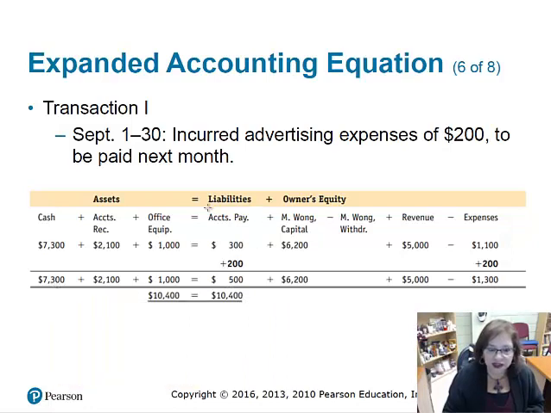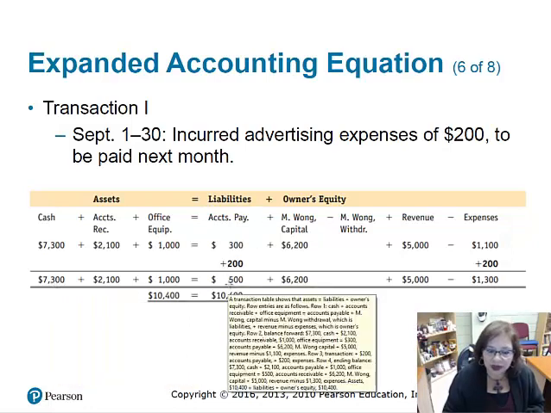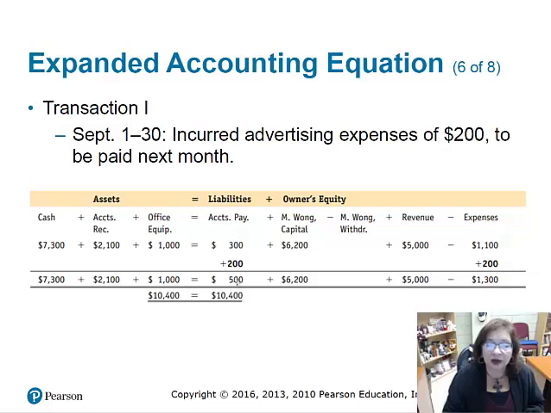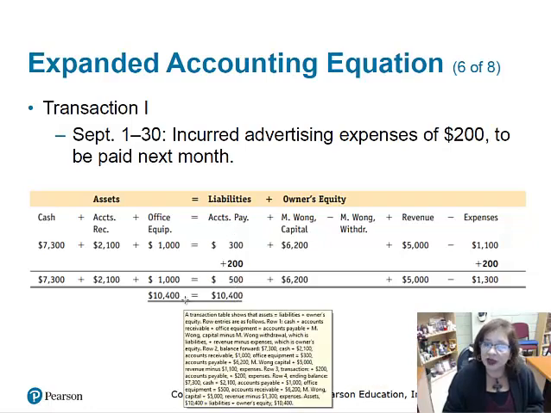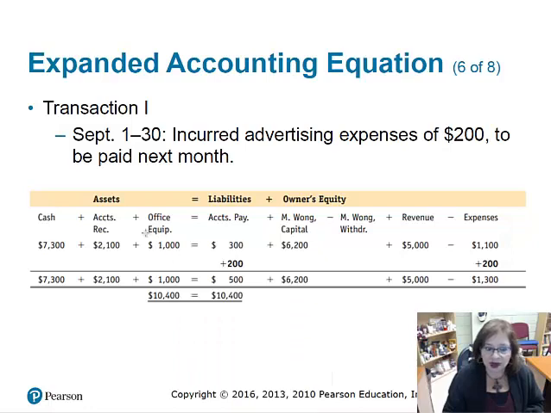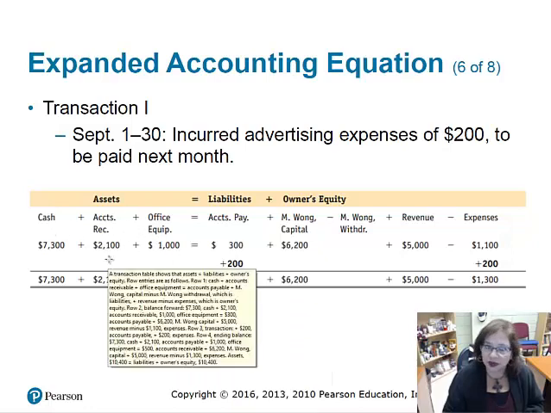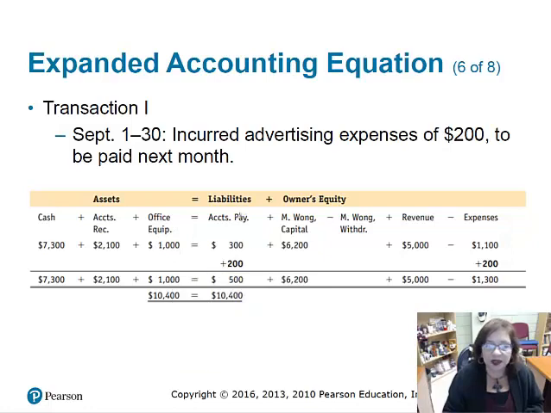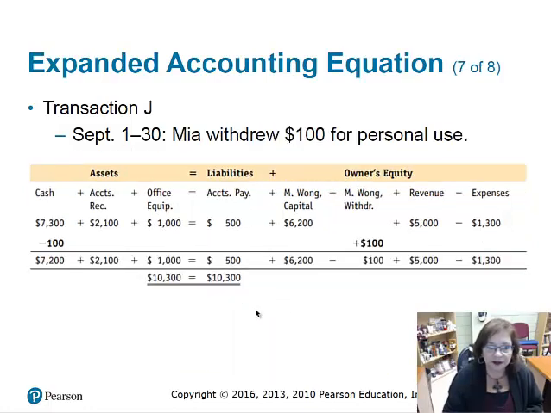It's not coming out of cash. So now you're showing that you owe $500. But you still have the $10,400. Nothing happens to accounts receivable or office equipment, only accounts payable and expenses. Okay?